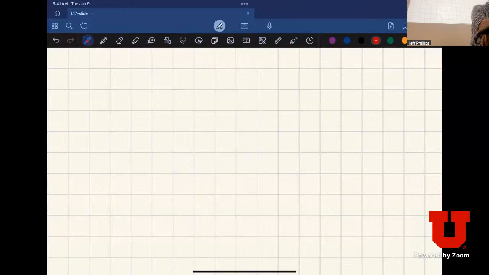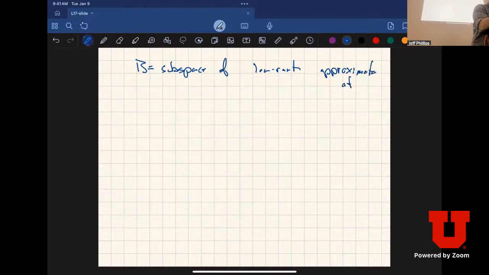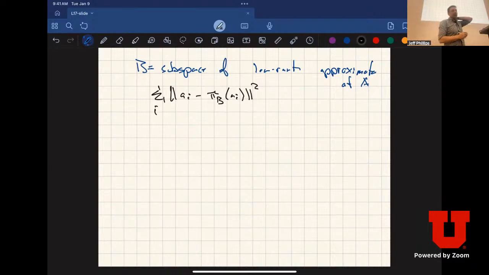We can think of this low rank approximation: we want B to be the subspace of a low rank approximation of A. I can think about this by writing out a sum over the projection onto B squared.